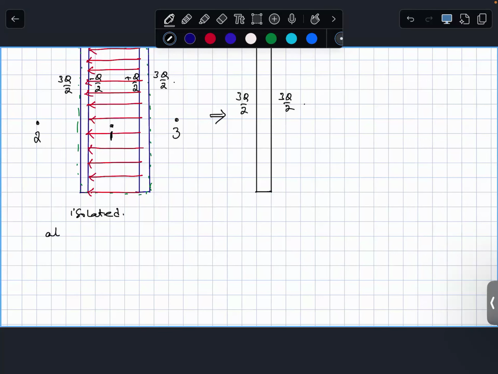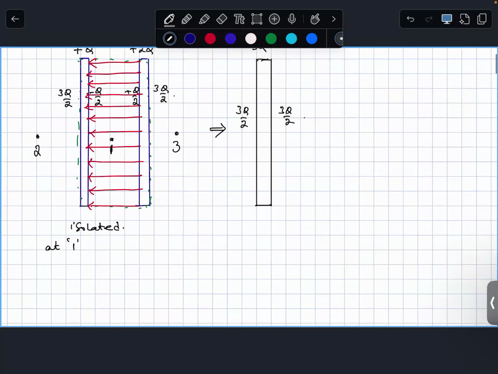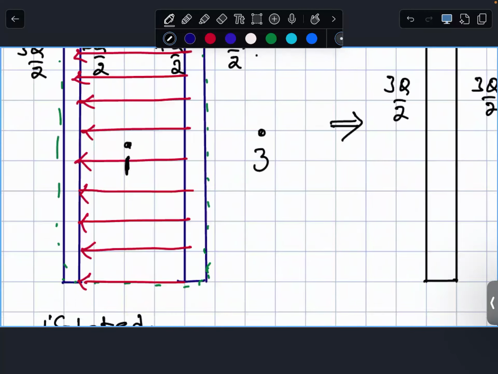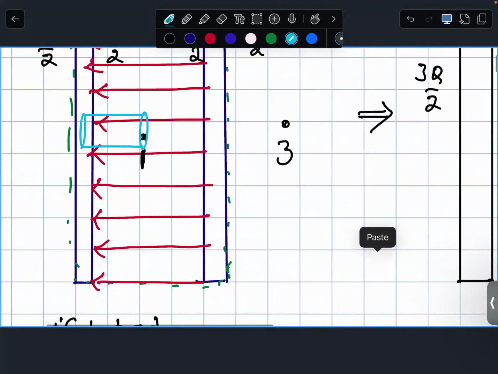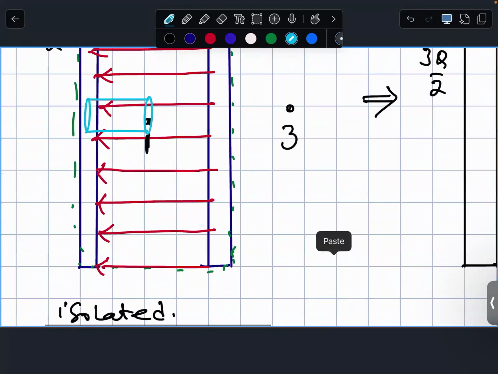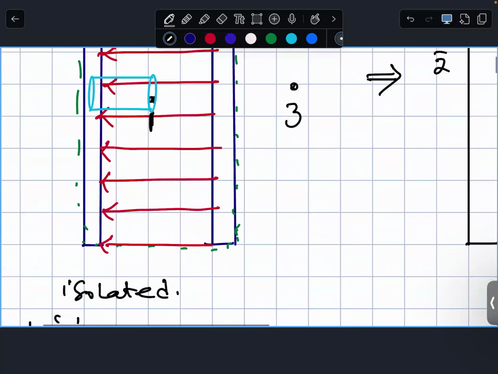At 1, what is the field? For this purpose, you will take a very small Gaussian cylinder, like this. In this situation, field is entering at that point.